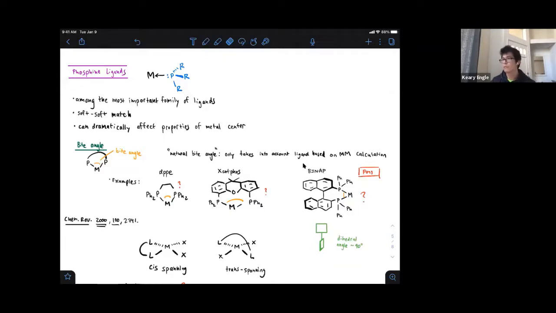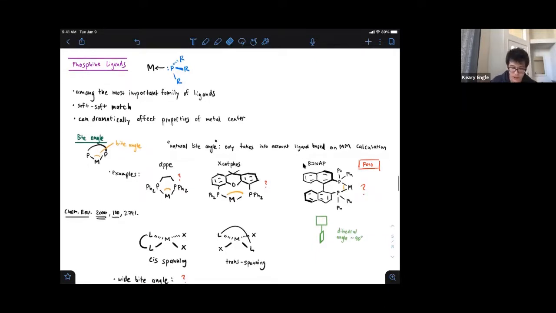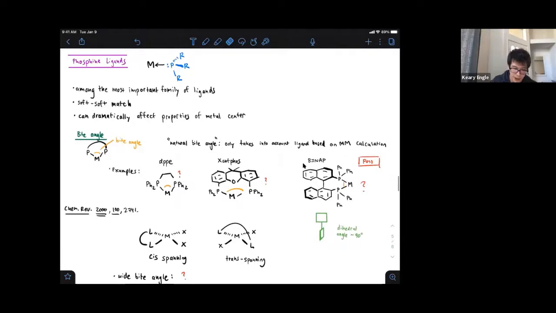Part of what makes them good ligands as compared to others on the periodic table is this soft matching that you get with many, particularly late transition metals. And while these are sometimes just spectator ligands, they can have a tremendous impact on the properties of the metal center.